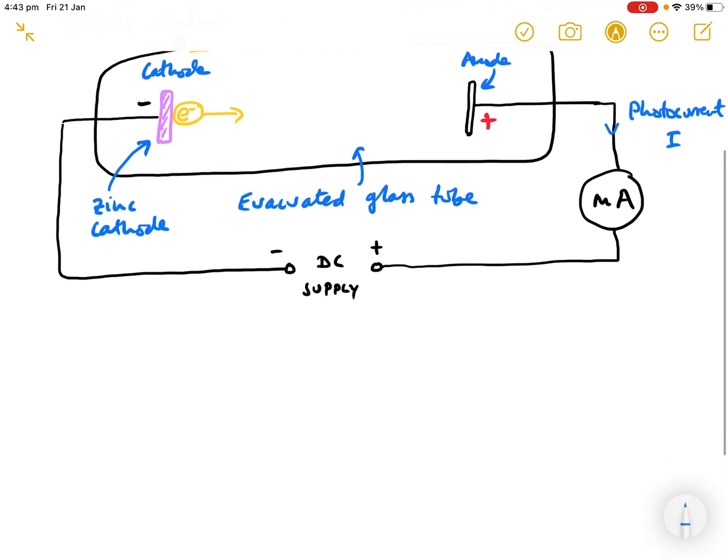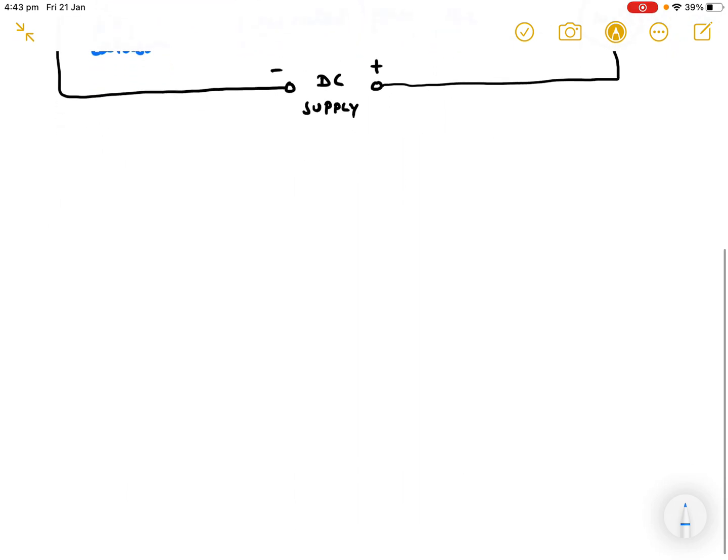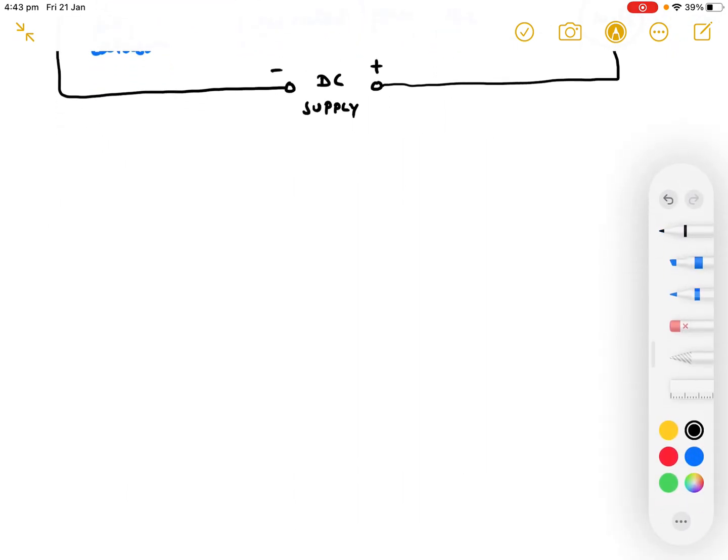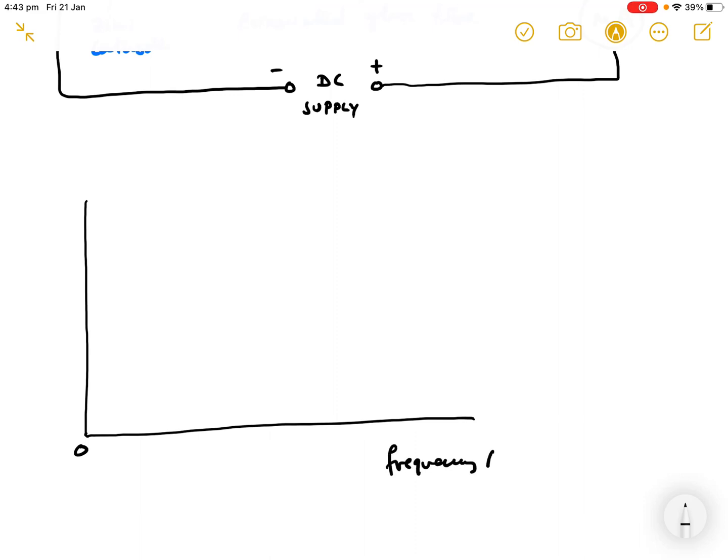Right. Now when we do experiments with this apparatus, we get interesting results. The first is the variation of the photocurrent with frequency. So frequency of incident radiation, that is, the frequency of the incoming photons.